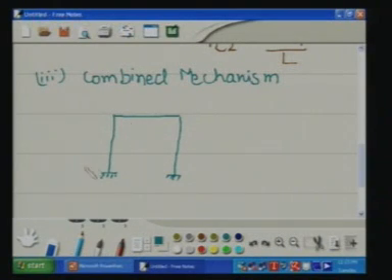So, suppose this is our structure and the hinges are formed at this place at A, there is no hinge formed at this place, and in the middle a hinge is formed, and again here at this joint C, since the value of plastic moment is 2 MP for BC, the hinge will be formed in the CD.